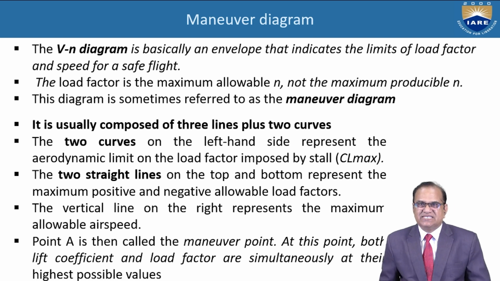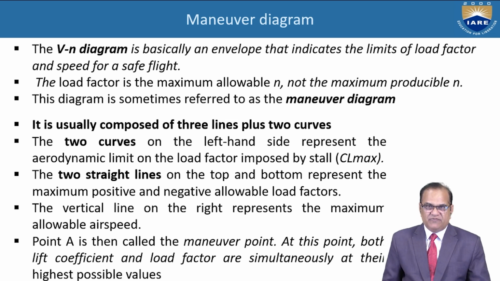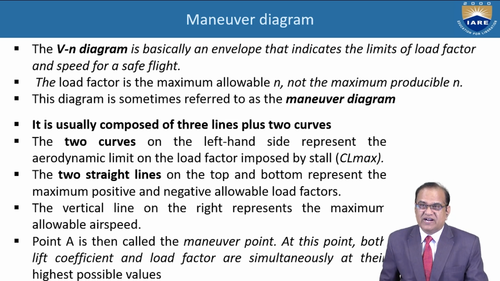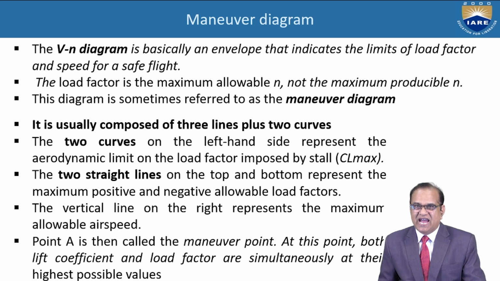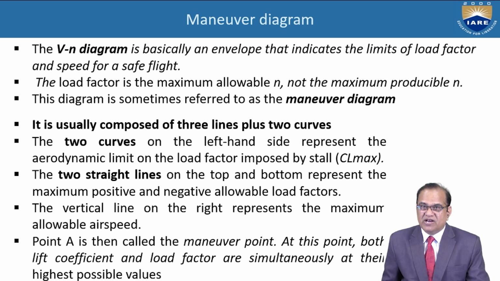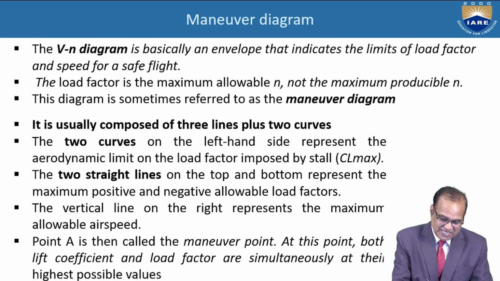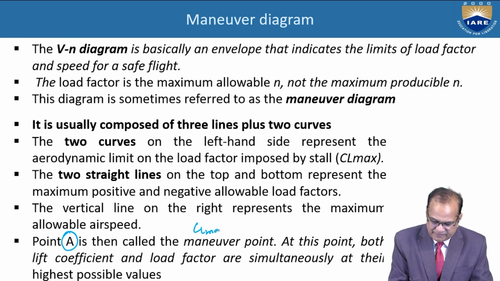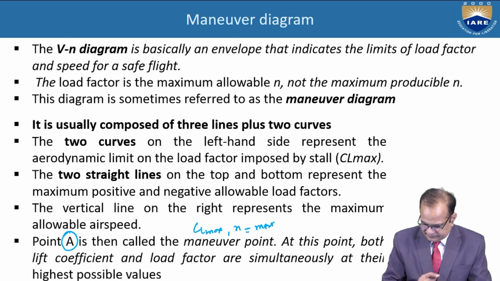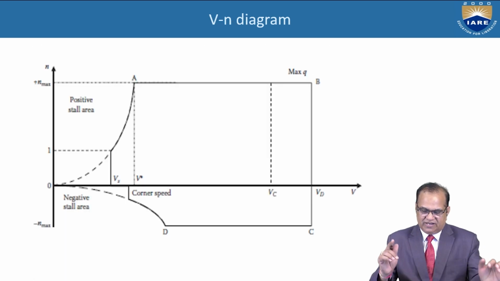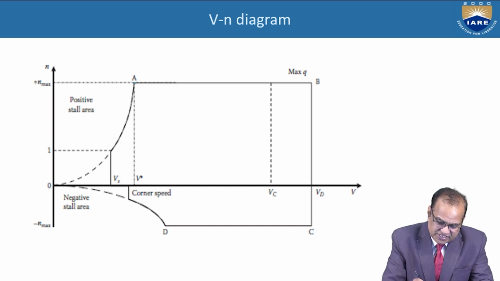Point A is then called the maneuvering point. At this point, both lift coefficient and load factor are simultaneously at their highest possible value. So this point A is very important because here CL is maximum and load factor is also maximum. So here, same diagram, this is the maneuvering point.